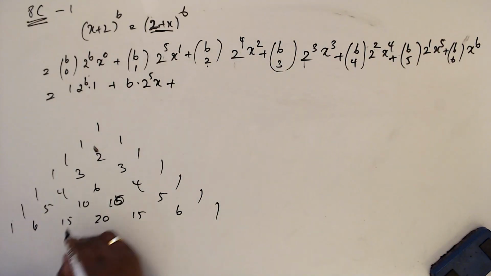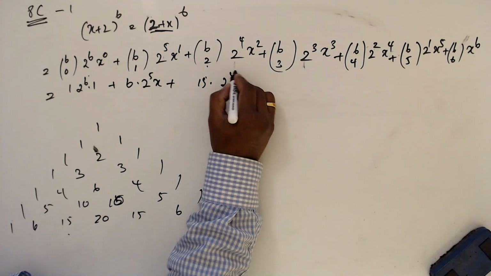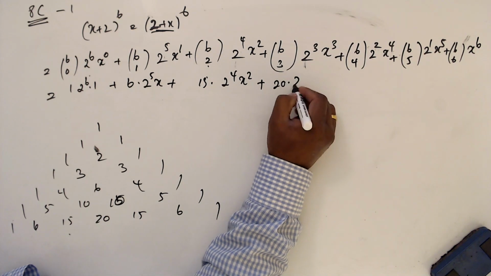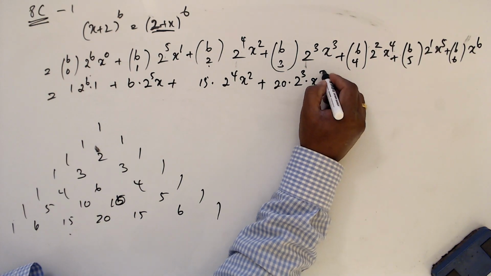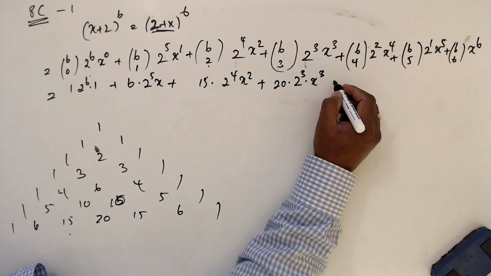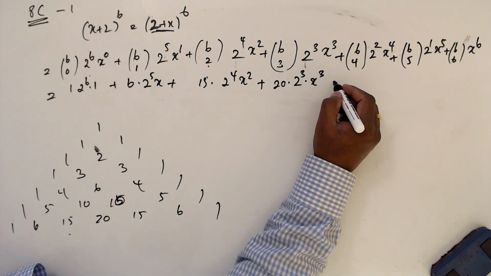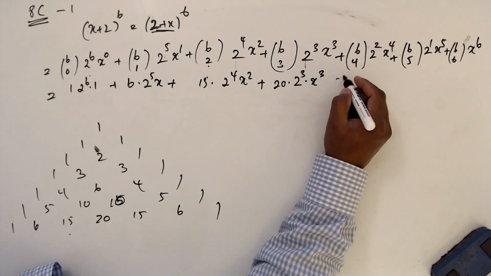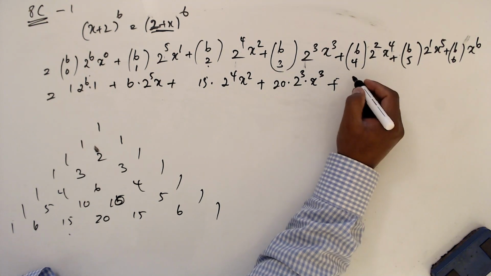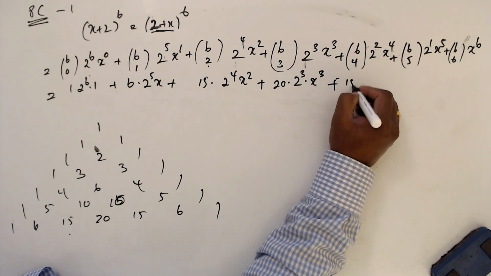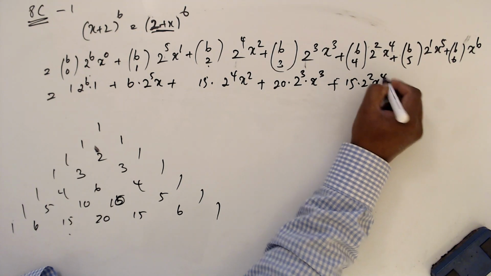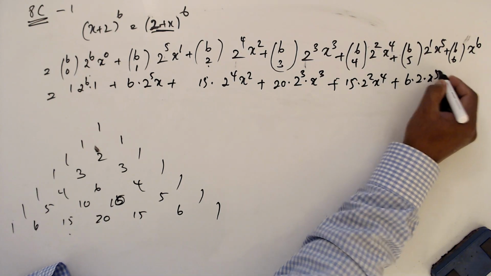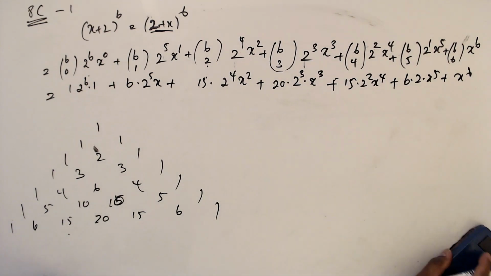Then this is going to be third sum, 15 times 2 4 x square. Then this times again 20 times 2 cube x cube, and this one again 15 2 square x4, and this 6 5 going to be 6 times 2 times x5, and this is x6.